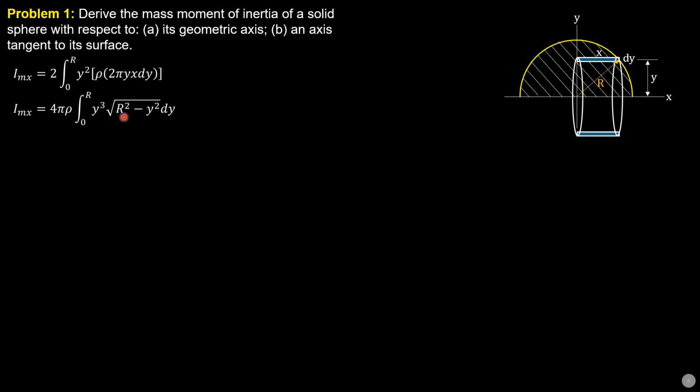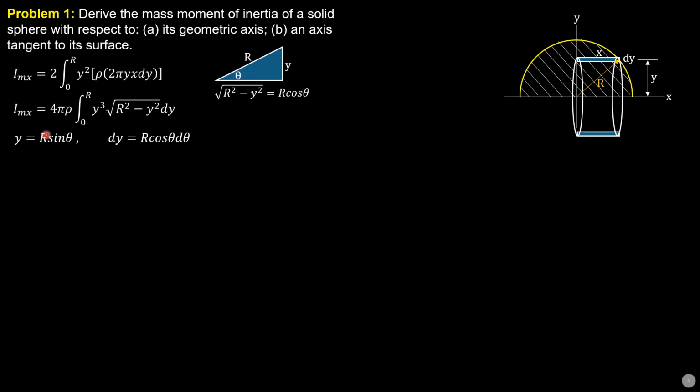So with our experience in integral calculus, we put y as r sine theta, and the differential is r cosine theta d theta. We then draw a right triangle defining sine theta equals opposite y over hypotenuse r, and we note that the square root of r squared minus y squared is simply r cosine theta.